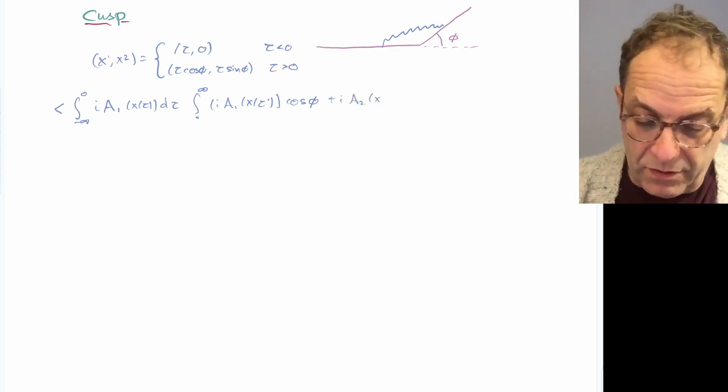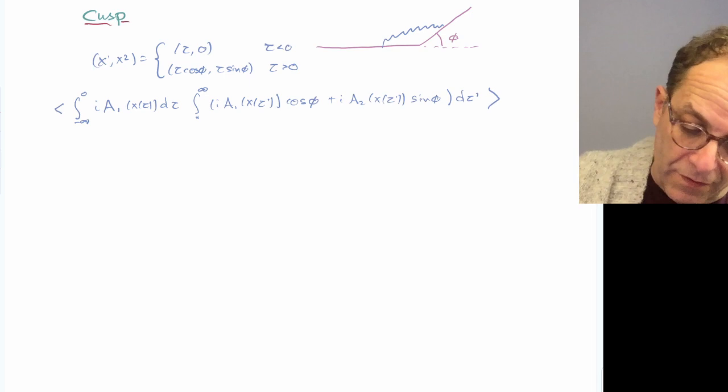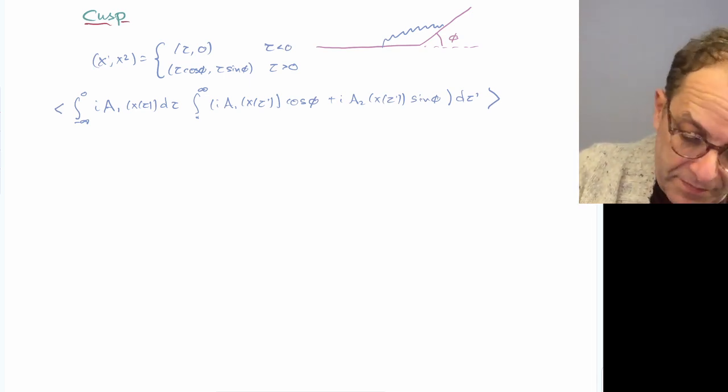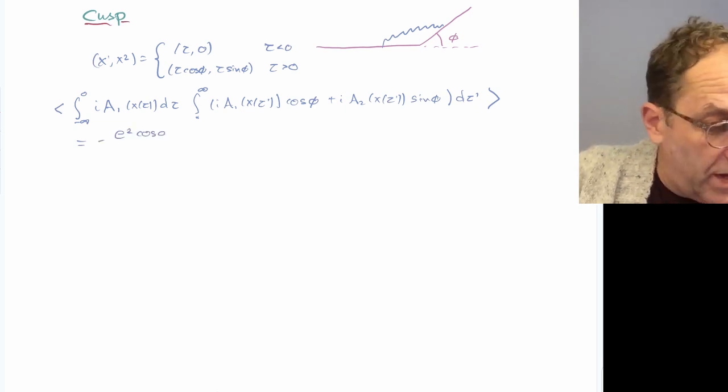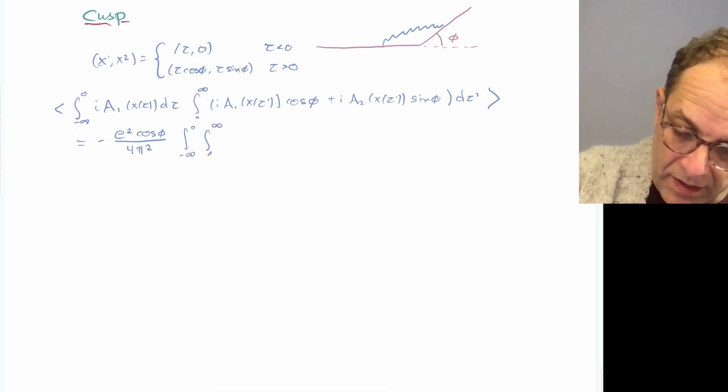The first integral is d tau, the second integral is d tau prime, and the only contraction we have is of a1, so this gives us minus e squared cosine phi over 4 pi squared, and then the integral of the inverse distance squared.